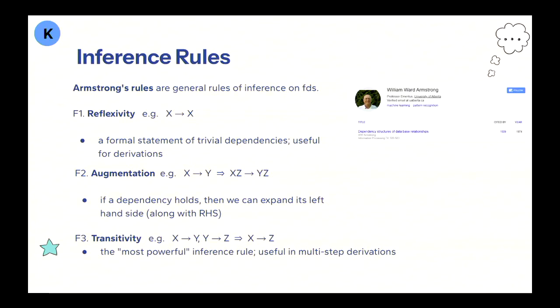The third rule here is transitivity. Transitivity is very important because it could be used to derive some other rules. And it is like this. If X determines Y and Y determines Z, then X could determine Z as well.